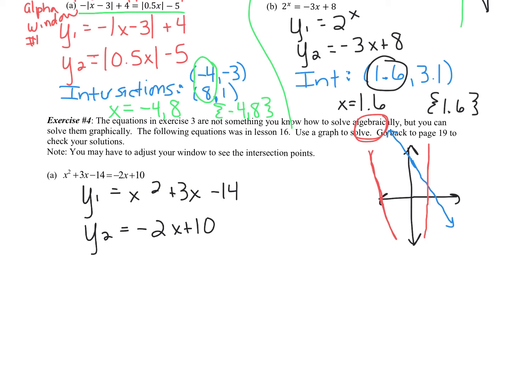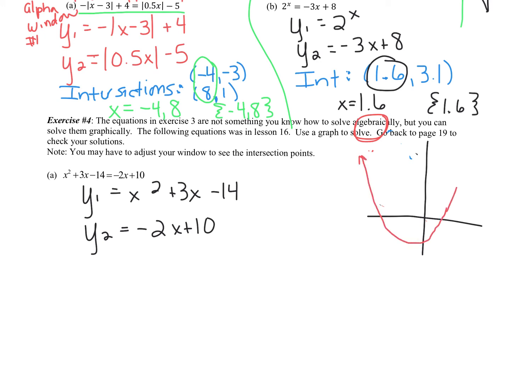So when I graph it, instead of seeing what I have here, so I'm going to erase that. Now my graph looks like this. Okay, this is a super rough sketch, but that's the basic idea.